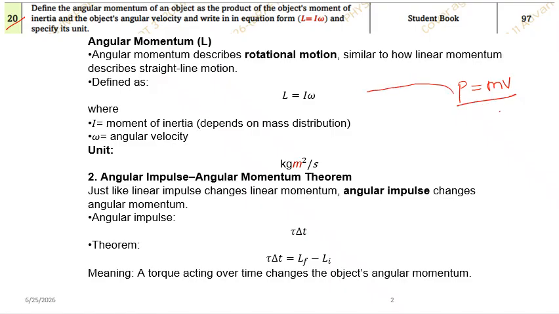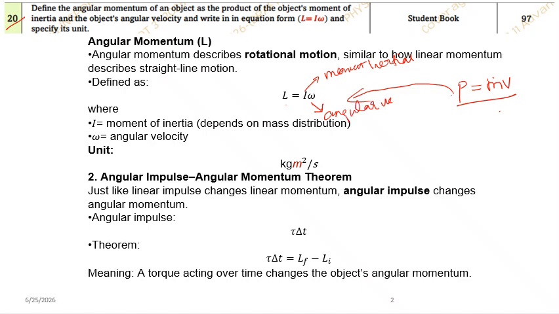When it comes to rotational motion, the momentum will be angular momentum, and the mass will be replaced by moment of inertia. I will be moment of inertia, and v will be replaced by angular velocity. This is moment of inertia, and omega or w will be angular velocity.